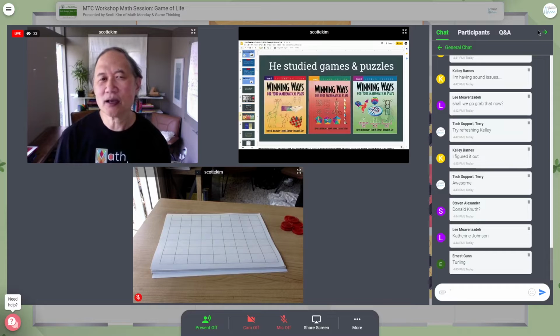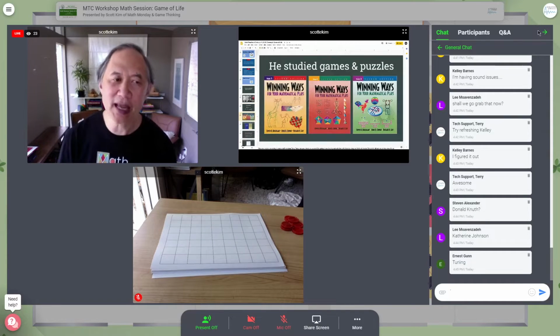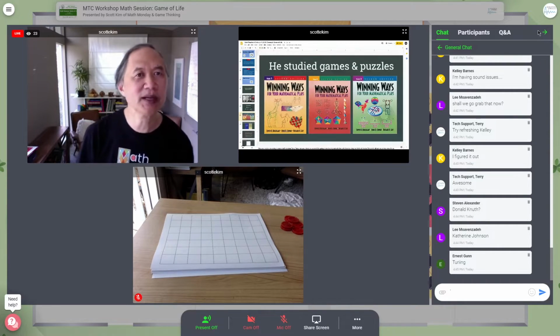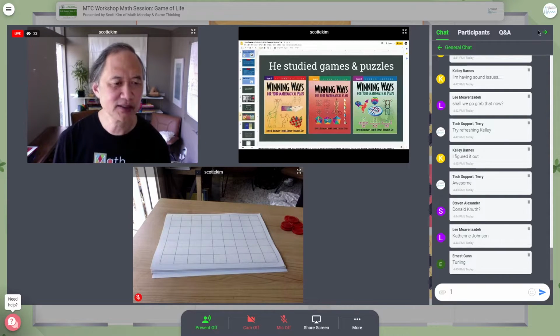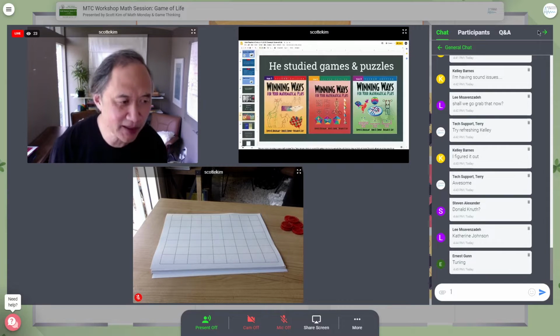He's best known probably for studying games and puzzles. He did a tremendously deep study of a lot of children's games. You can see down here, here's a variant on chess. There's some games like dots and boxes or jumping peg puzzles over here. And he went way deep into the mathematics.